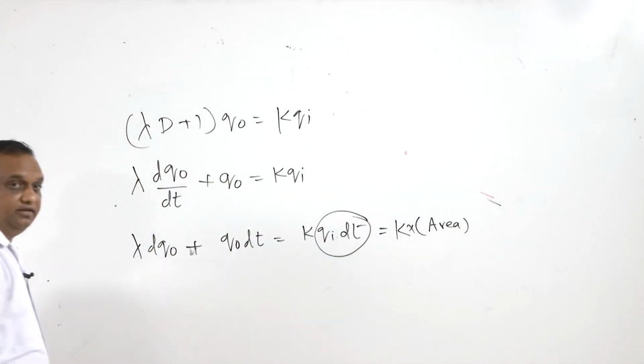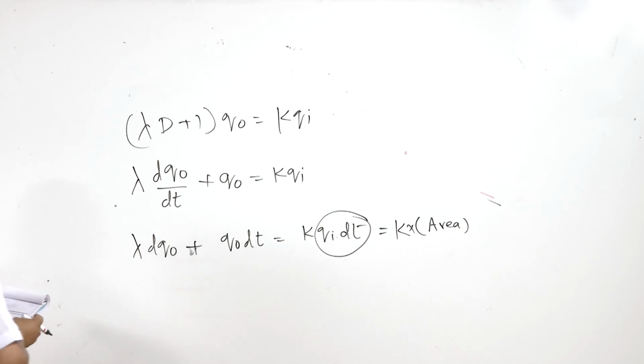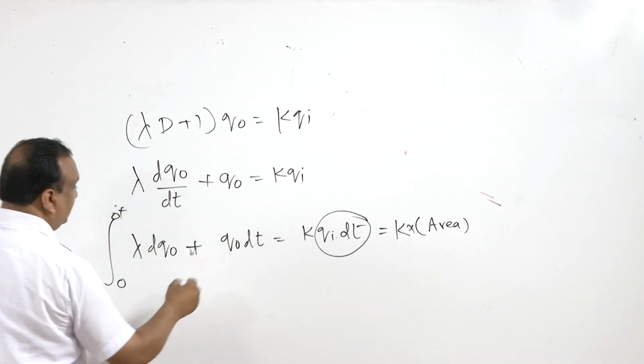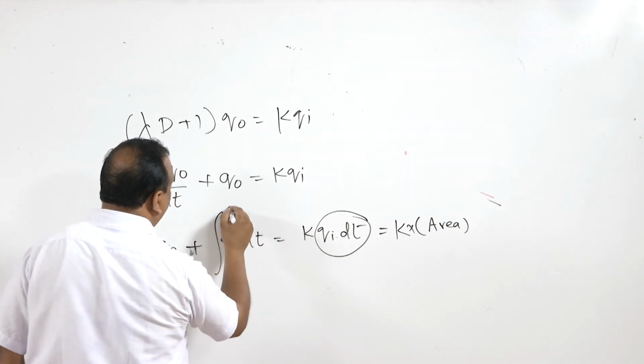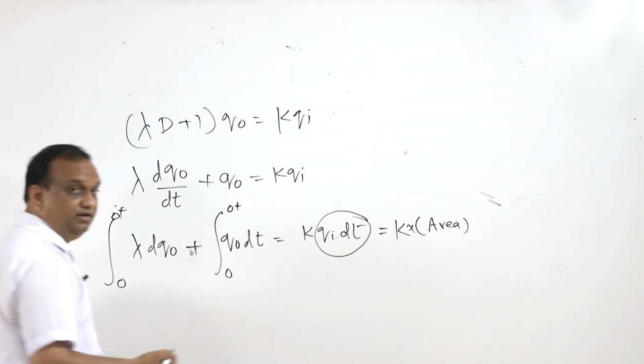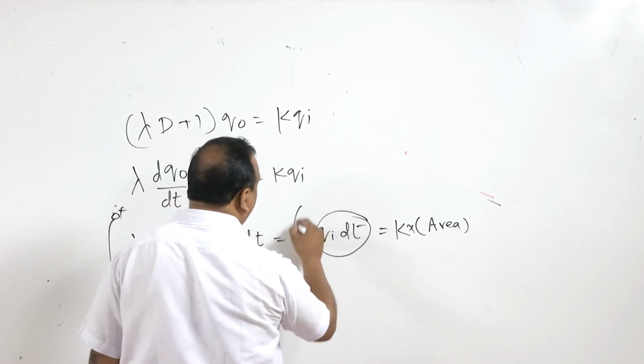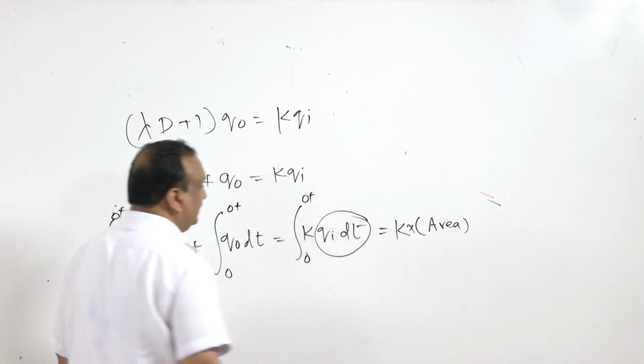Now we will integrate this equation from 0 to 0 plus, right? And this will also get integrated, QI dt from 0 to 0 plus.